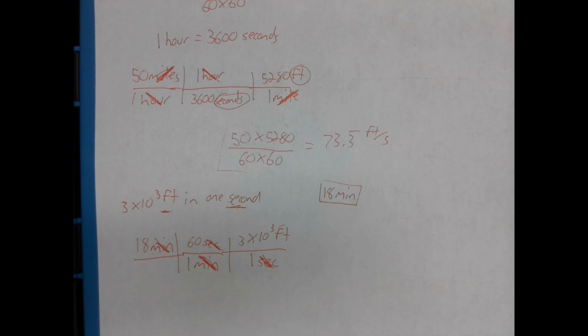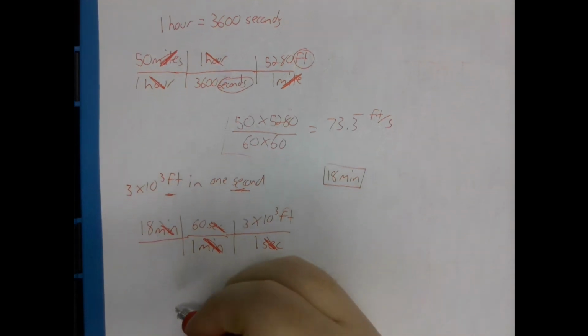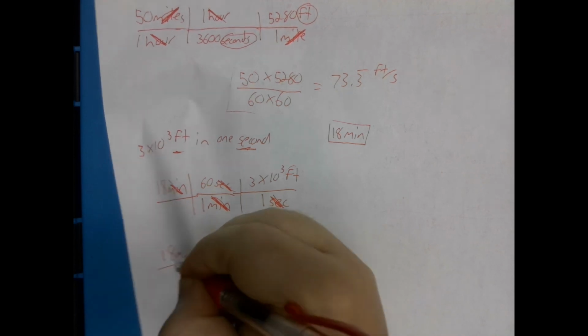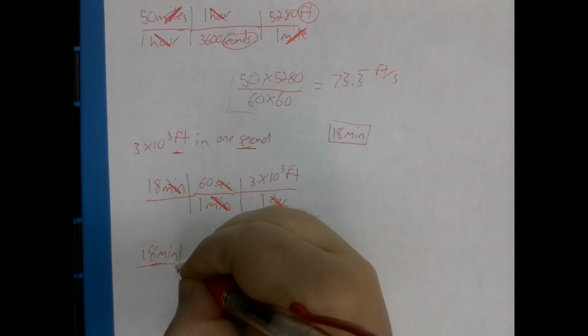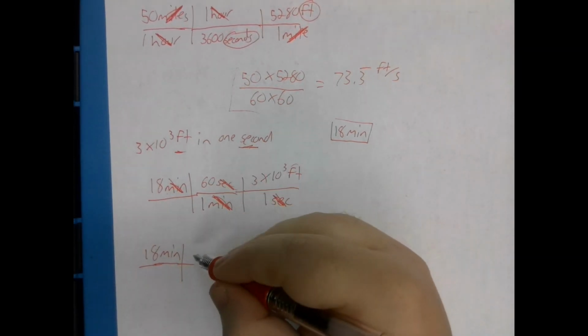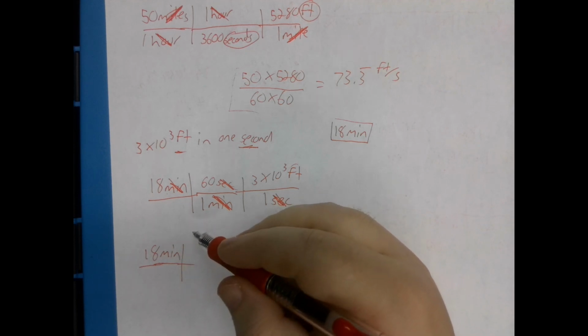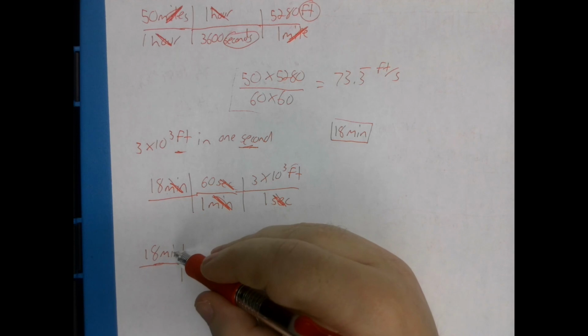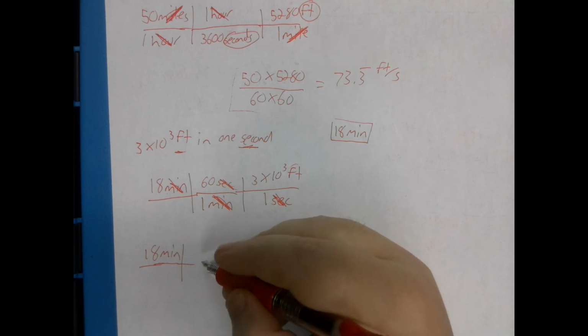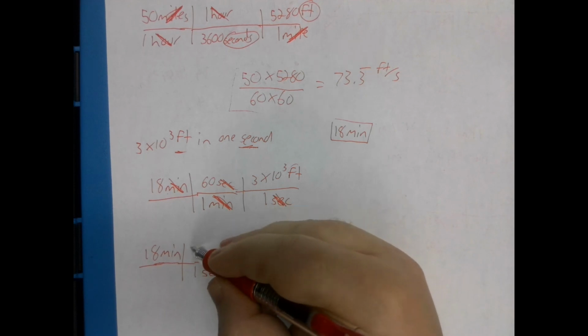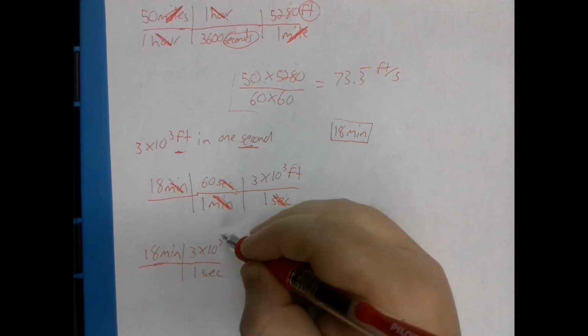Another way you could have done this, which I do not recommend, is we could have begun with the 18 minutes, then add our conversion factor in. You really don't know which way to add the conversion factor. We know minutes is on top, and we need to put the time unit on bottom. Again, I don't do this. I use the conversion first.